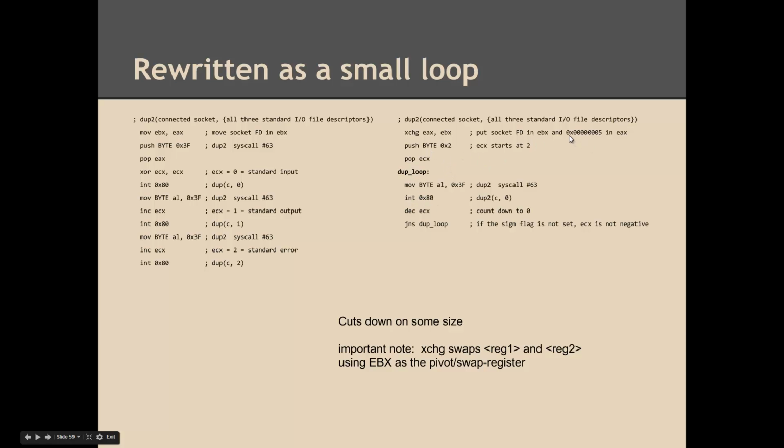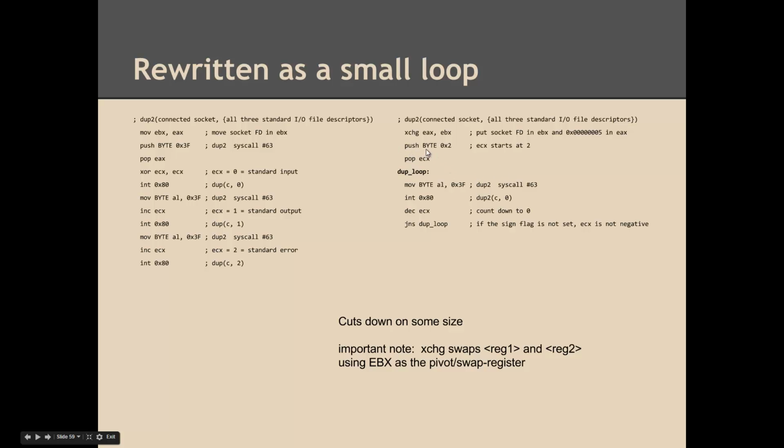Or no, I'm sorry. We know what it is. It's 5, and the important part is that the upper bytes are all zeroed out, and we're going to push this 0x3F byte into it to make EAX be 63 to specify the dup2 system call.